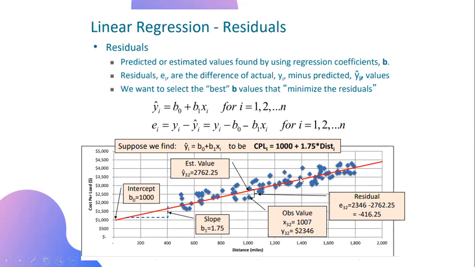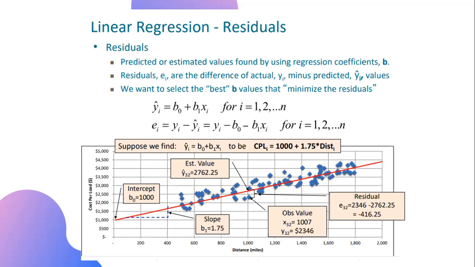Once you have an established regression line, you can make predictions: what happens if a truck goes for 1 million miles, what is the cost per load going to be? Just looking at this, what is it going to be if it's 3,000? What is it going to be if it's 0? So this regression line, the end objective of doing this is to build predictive models.